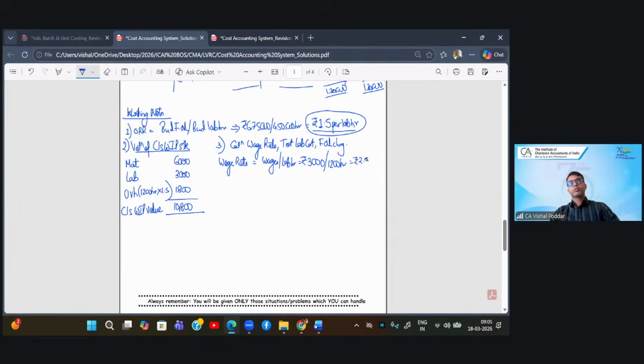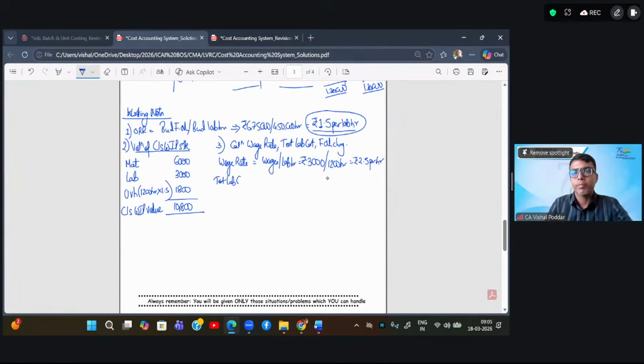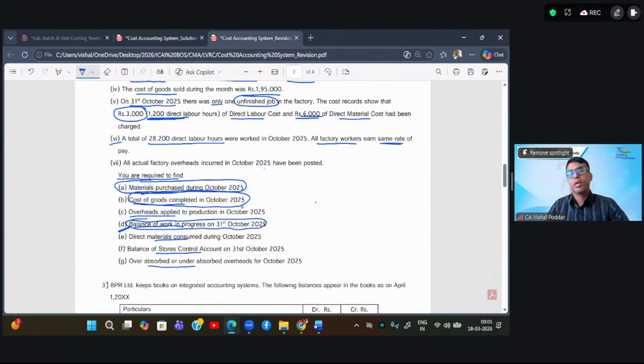Now we can find out our total labor cost. Rupees 2.5 per hour will give you your total labor cost.